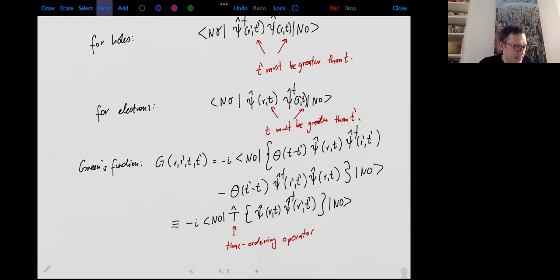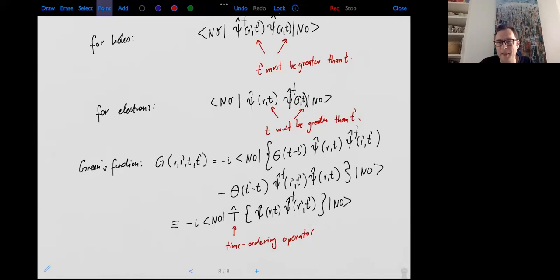All right, so this is the Green's function. And while I have motivated that there's propagation of electrons and holes through a material, which could be relevant, now I want to make that connection to the experimental measurements.